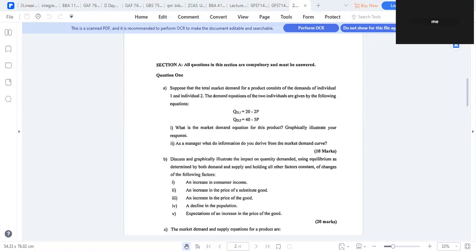The market demand will just be the addition, D1 plus D2. 20 minus 2p plus 40 minus 5p. When we add them, 20 plus 40 is 60, minus 2 minus 5 is 7p. So this is how we make the market demand. As simple as that. If I ask you to sketch this one here, how do you sketch this?